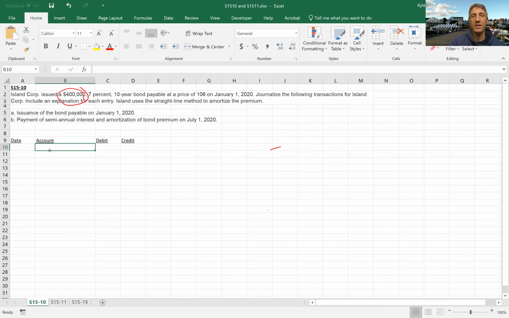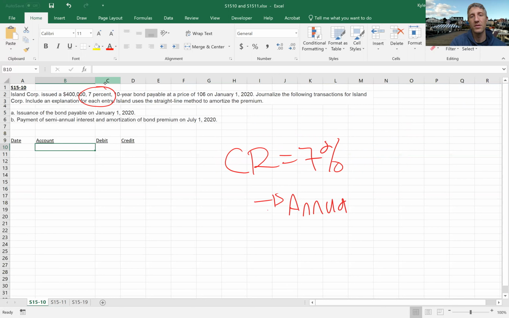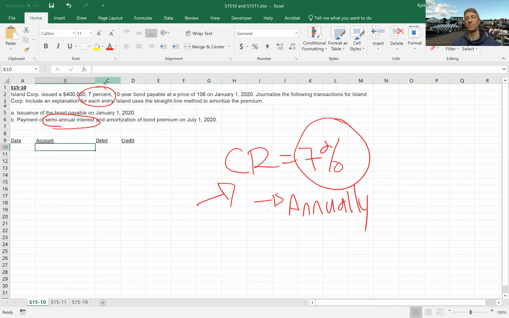And then what we have next is 7%. This is what's referred to as the stated rate, the contract rate, or the coupon rate. 7%, and it's always stated annually. Bonds are usually paid interest on a semi-annual basis, but the coupon rate, the contract rate, and the stated rate, they all mean the same thing, is always given in an annual term.